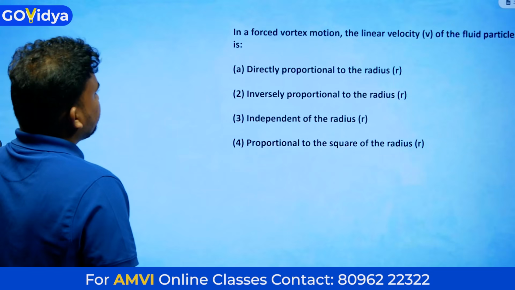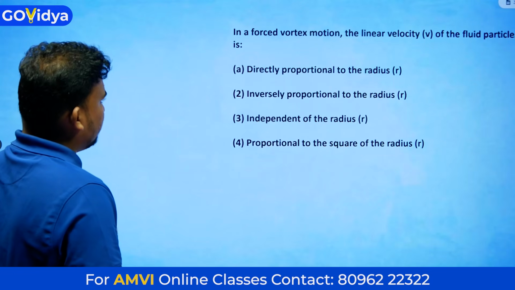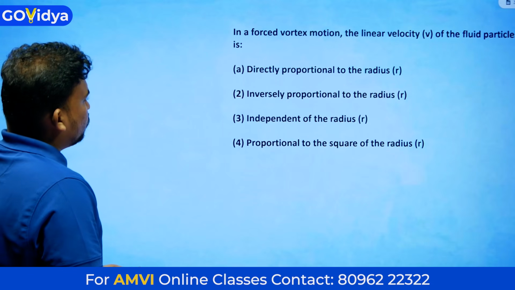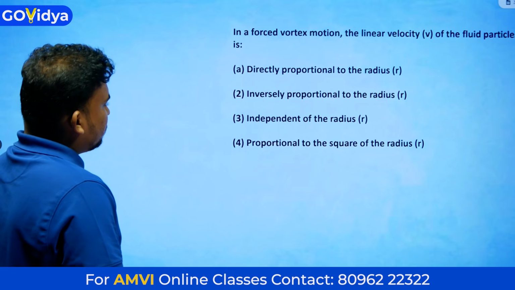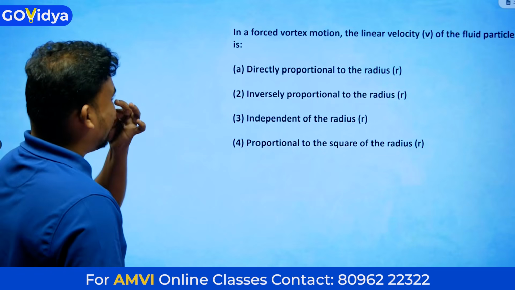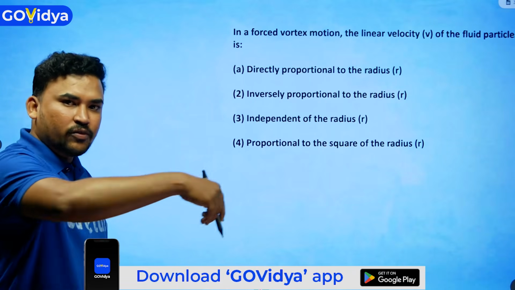Next question. In forced vortex motion, the linear velocity v of the fluid particle is option A, directly proportional to the radius, or option 2, inversely proportional to the radius, or option 3, independent of the radius, or option 4, proportional to the square of the radius. See, in forced vortex motion, we are giving external energy, means external torque we are giving to rotate the fluid, right?